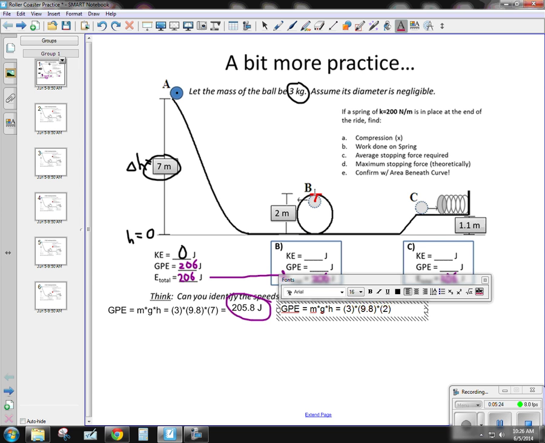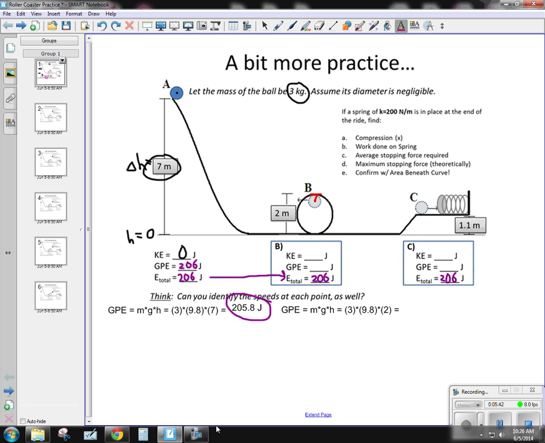It's not 5. It's not that difference in height from top to bottom. We could use that to find the kinetic energy if we wanted. But all we're trying to find is how much of this energy is still now stored as height, as energy of position, or gravitational potential energy.